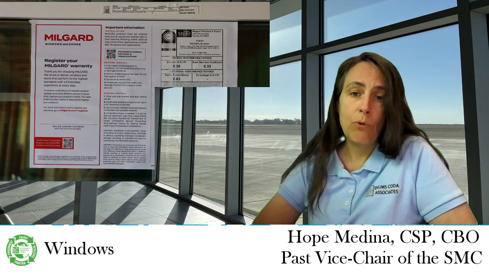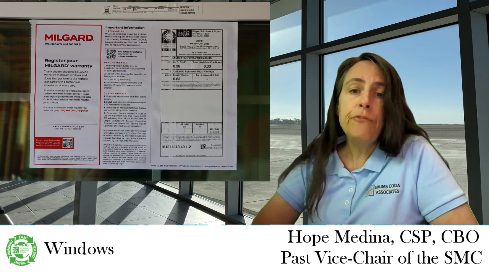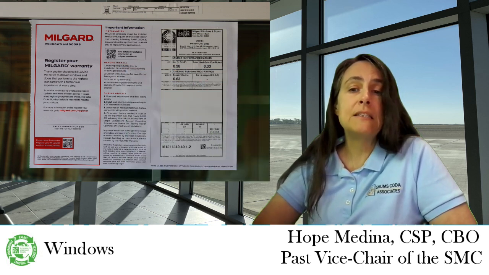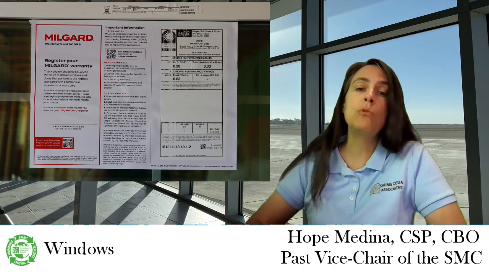Now, probably a more common term people are familiar with is the term of a U factor for our windows. The U factor is a measurement demonstrating how much the window will allow the transfer of heat in either direction through the window. Now, this number is important to the concept of the thermal envelope.